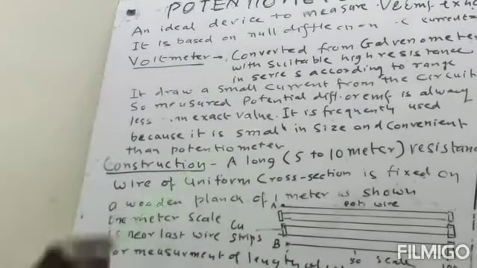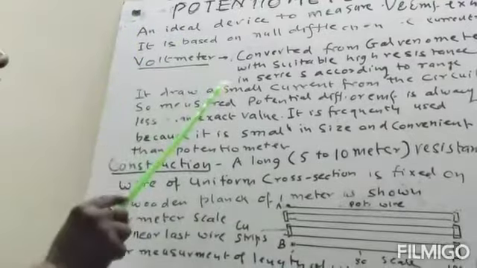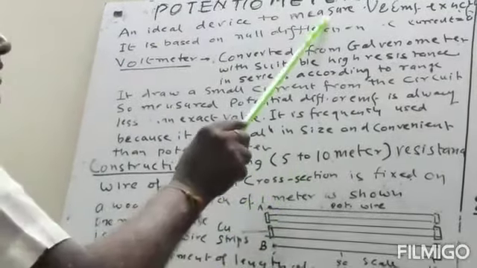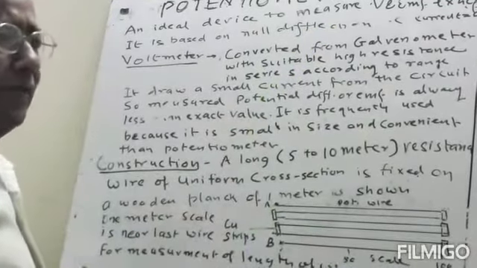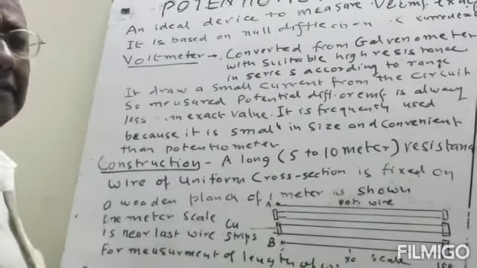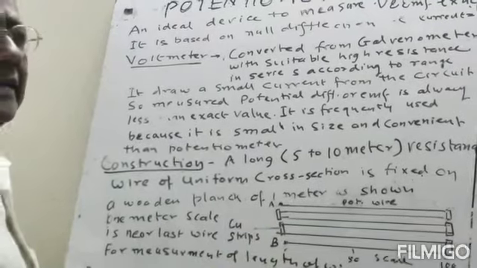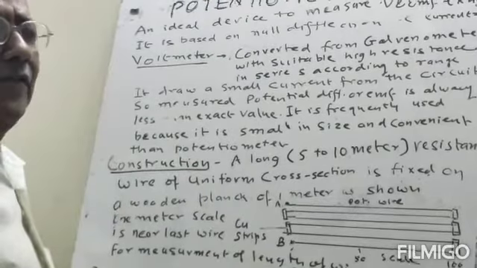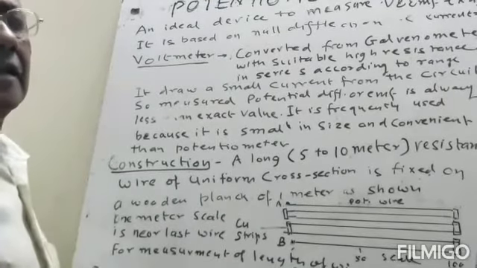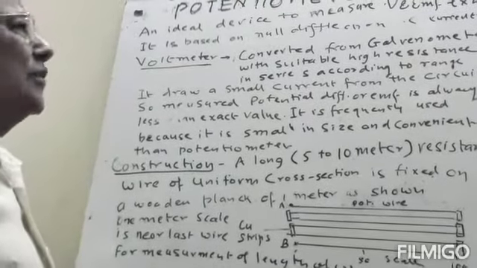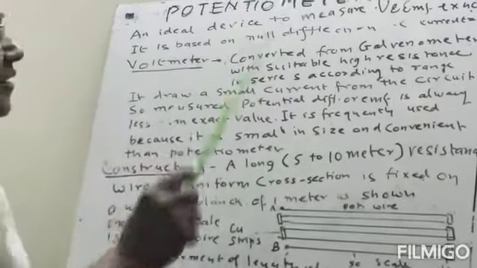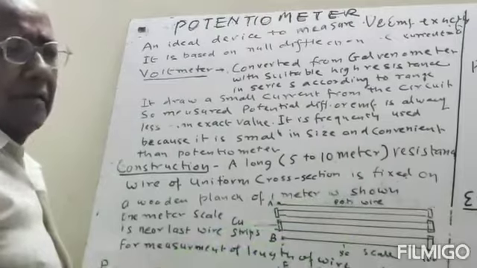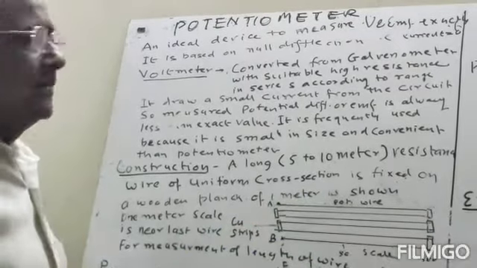So the potentiometer is an ideal voltmeter. What is the condition for an ideal voltmeter? Its resistance should be infinite. When the resistance is infinite, there is no current. So it is also based on the null method, where no current is passed when we take the final reading.